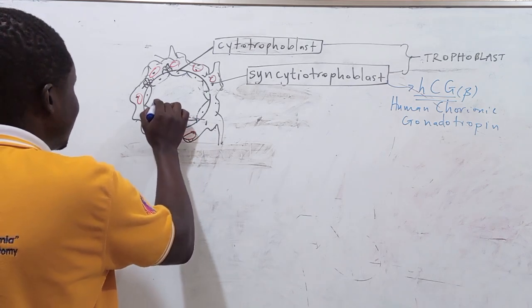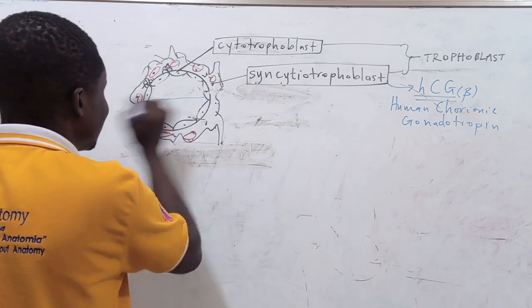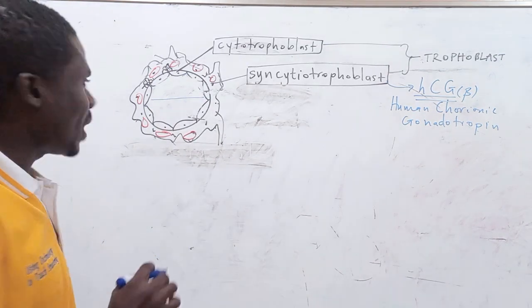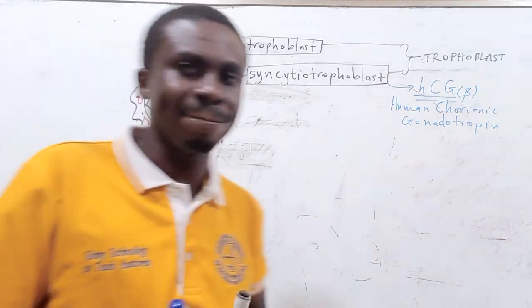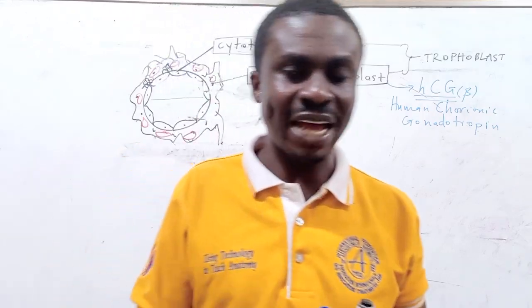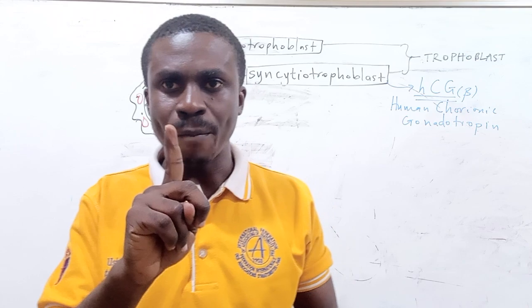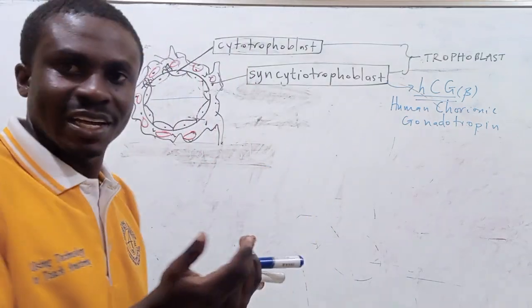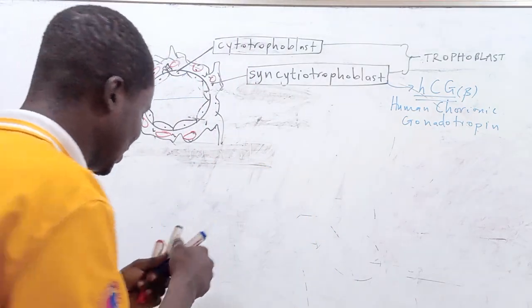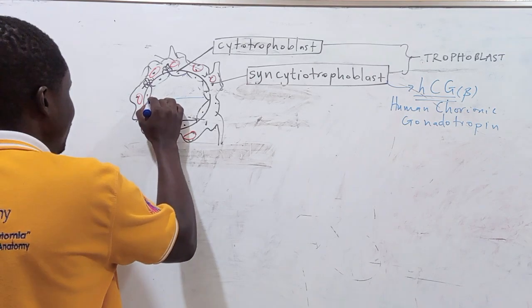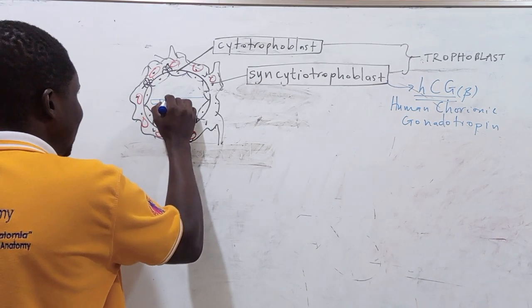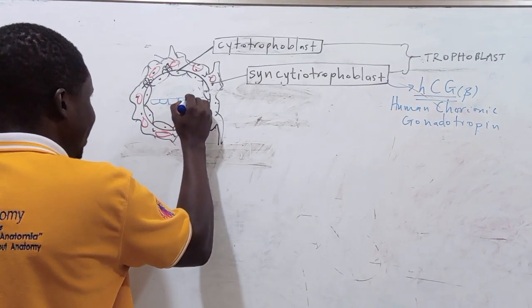What is going to happen is that there's an axis, and these cells of the embryoblast will also differentiate into two. First, by forming some group of cells below this axis. So some group of cells will be formed below this axis, and these cells, my friends, are cuboidal cells.